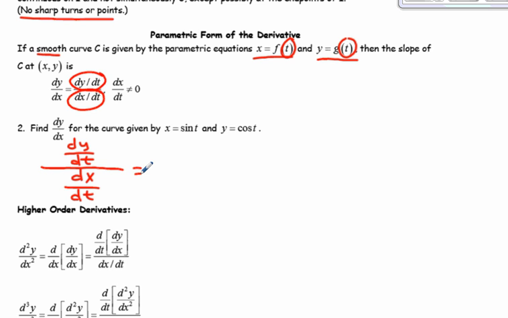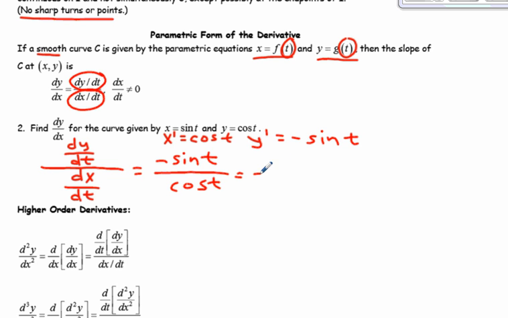So we need to find the derivative of both our x component and our y component with respect to t. So the derivative of our x component with respect to t is cosine of t. The derivative of y with respect to t would be negative sine of t. So now we have dy/dt, negative sine, over dx/dt, which is cosine. And when we simplify that, we get the negative tangent of t.